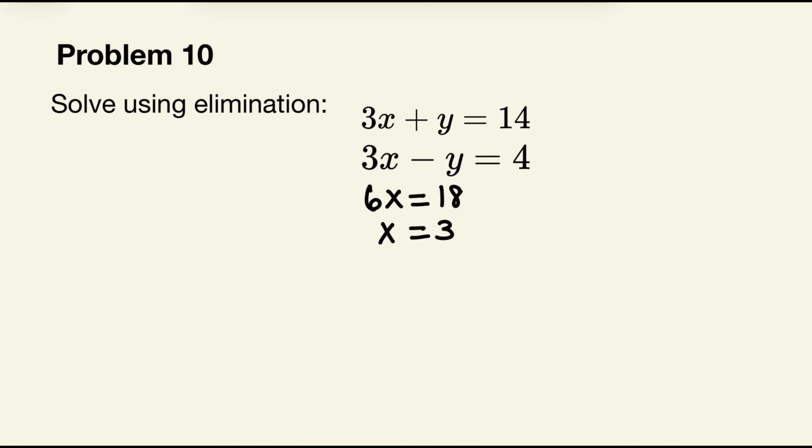Now let's just go ahead and substitute back. So I'm going to use this first equation here, so that way I'm not dealing with any negatives if I don't have to. We have 3 times 3 plus y equals 14, because now we're solving for y since we've already solved for x. 3 times 3 is 9 plus y equals 14.